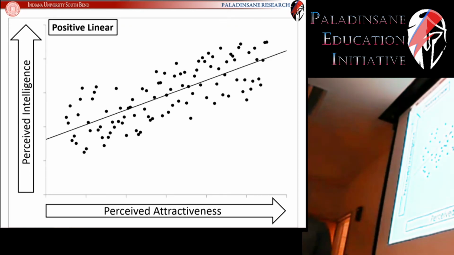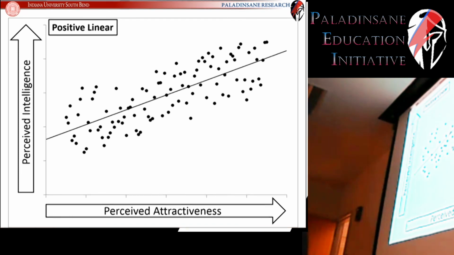And if you fit a best line to that, you will see that as perceived attractiveness increases, so too in general does perceived intelligence. If this was the case, this is your classic halo effect, where people that are more attractive are seen as more intelligent. So more attractiveness means more intelligence, less attractiveness means less intelligence.